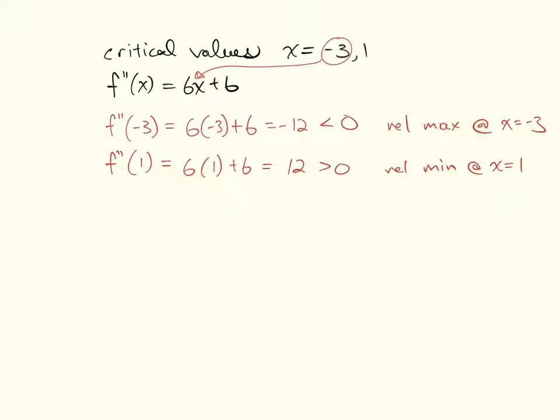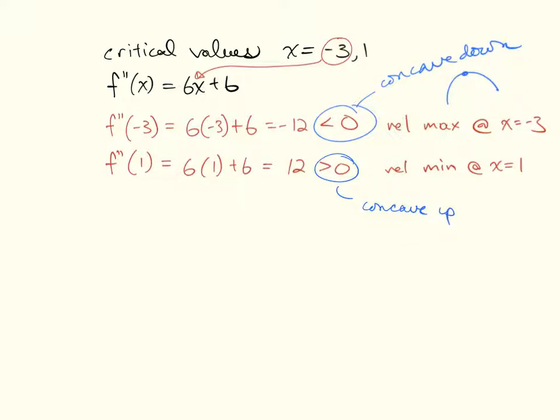And that's because when the second derivative is less than 0, that means it's concave down, which means it should have a maximum in it. And if the second derivative is positive at a particular point, that means it is concave up, and if it's concave up, it looks something like this, and we'll have a minimum value.